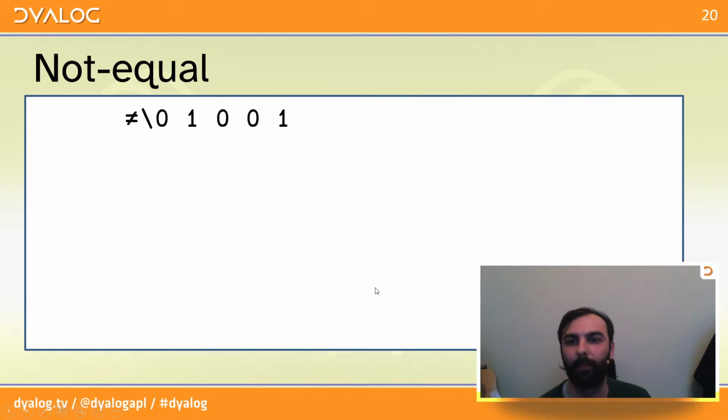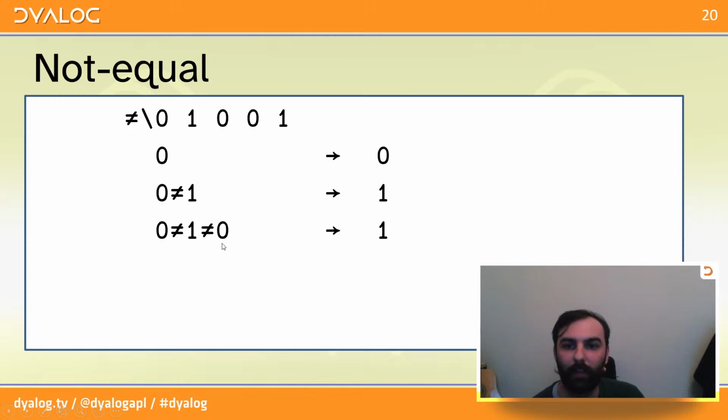So let's see. Once again, if you step through it, 0 is just 0. 0 is not equal to 1, that is true. 1 not equal to 0 is true, and 0 is not equal to that 1, the result there. Remember, we're going right to left within each reduction, even though the scan itself goes left to right.